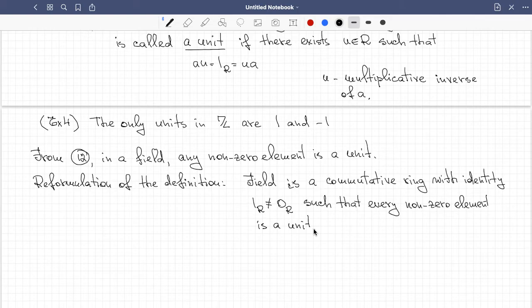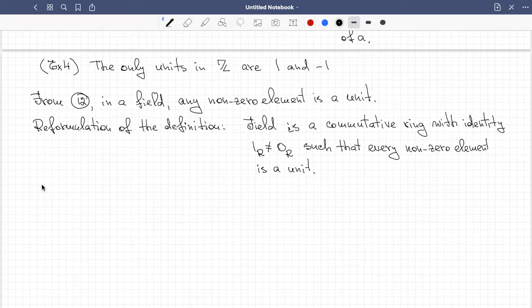Notation for an inverse. We have U here. So the notation A inverse for U such that AU is 1, as is UA.